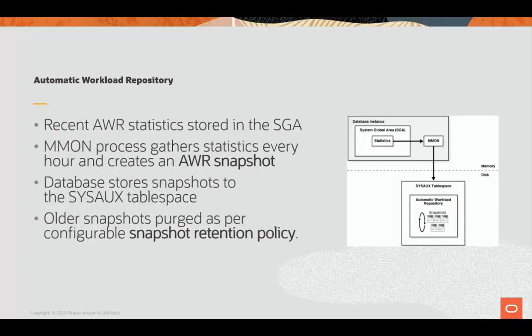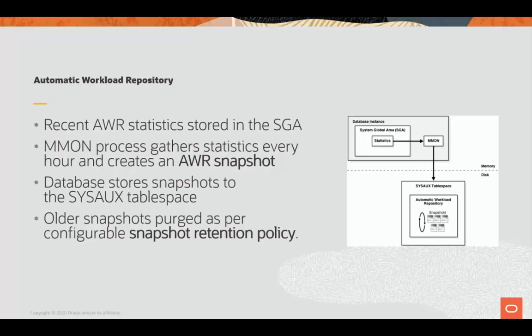So how does this work? As you can see in this slide, on the right side, we have the database instance. The database instance is comprised of memory area pools and processes, right? Inside the kernel code, we have instrumentation of the database.